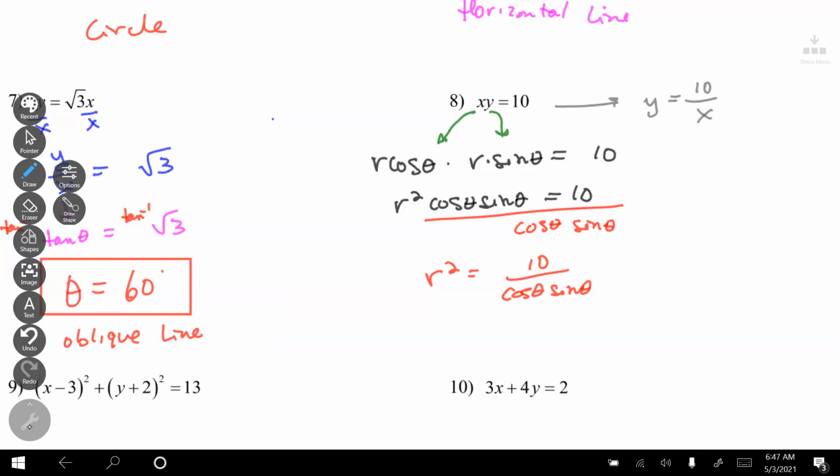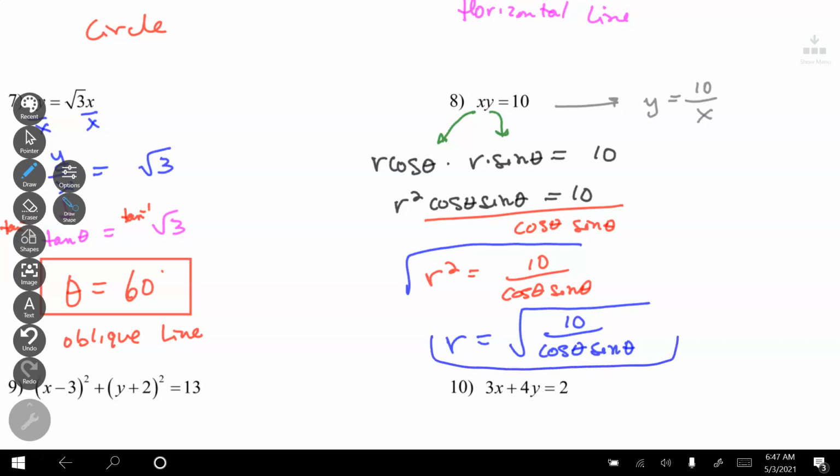And I don't have an r there that I can divide out on both sides, so I will have to take the square root of everything. So when I'm done, I have r equals the square root of 10 over cosine theta sine theta, which I'll put in the calculator, but it is a very different equation. Now, according to this, we said it was a hyperbola.